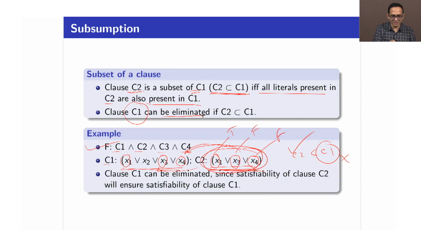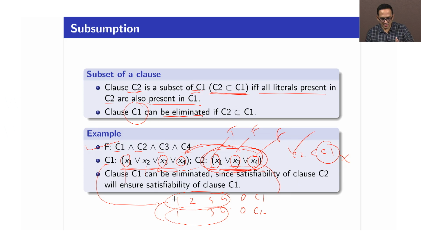Again, in terms of complexity, think about it in DIMACS format, where it is a pattern. I get a sequence of integers. For example, if you have x1, x2, x3, x4 with indices 1, 2, 3, 4, this will be represented as 1, 2, 3, 4, 0, and this is your C1, and C2 will be represented as 1, 3, 4, 0. With this, I can check whether a particular string is a subset of another string or not.